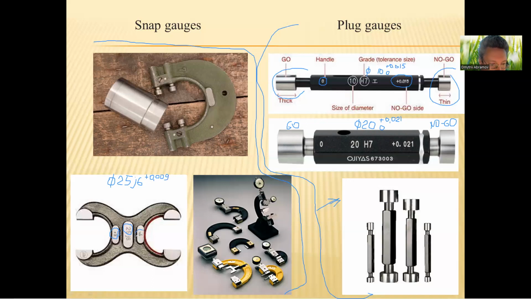Lower limit minus 0.004 millimeters. On the snap gauges, you can see its deviations in micrometers, in microns.